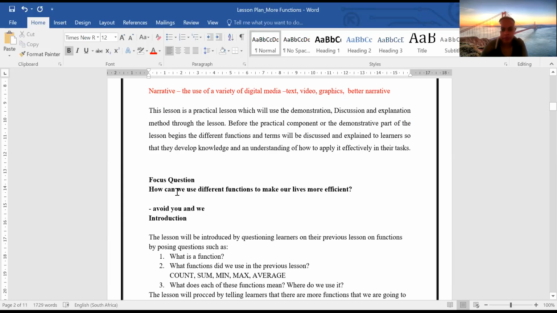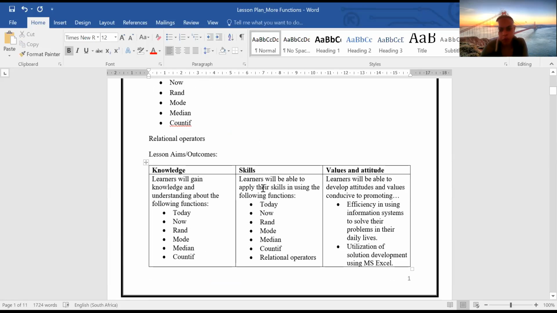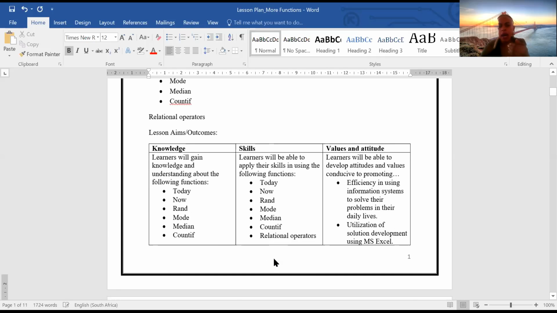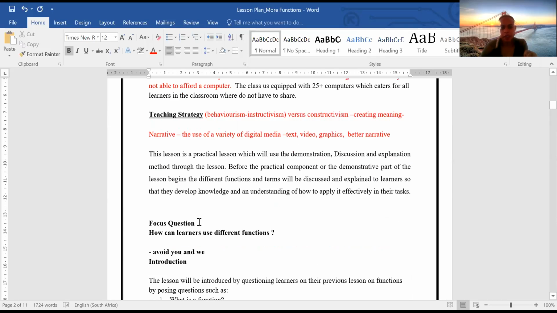How can maybe learners, these are the audience, use different functions to make... I would prefer if the focus question can be guided by the skills. The learners will be able to apply their skills in doing today, now, run, all this. Now they are moving it to a higher level of using the functions. So how can learners use different functions?